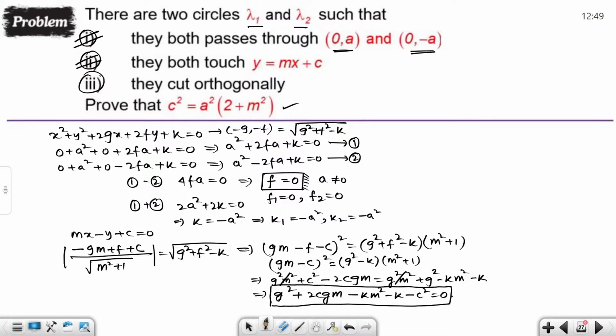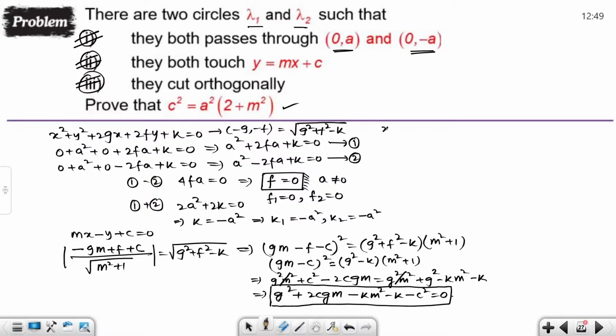Now we are left with the third condition, that these two circles cut each other orthogonally. Now you have to write down two separate equations, because I have to use the formula 2(g1 g2 plus f1 f2) equals to c1 plus c2. So naturally I have to consider the circles individually.